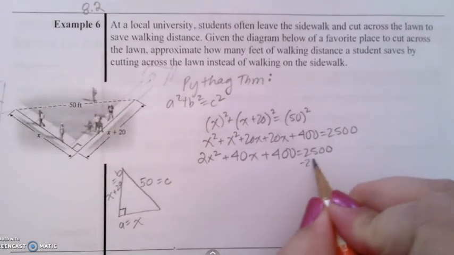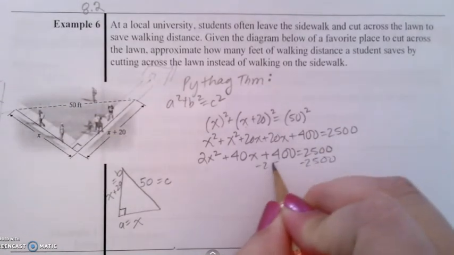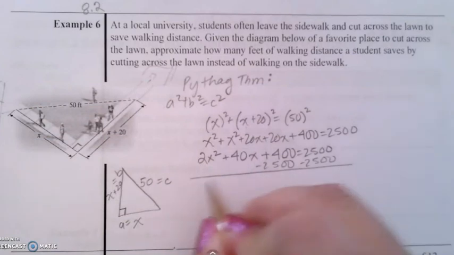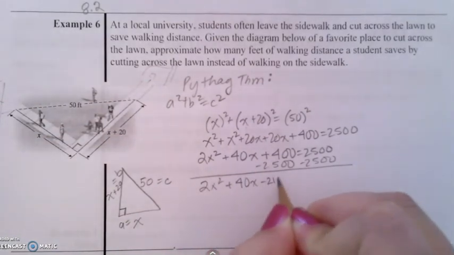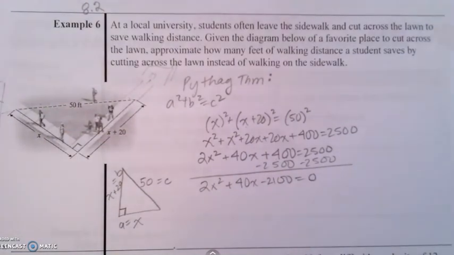So we're going to subtract 2500 from both sides, and we end up with 2x squared plus 40x minus 2100 equals 0. And from here, I can say, okay, 2 times 2100, does it factor into something that gives me 40?